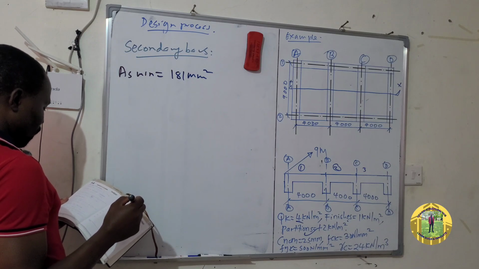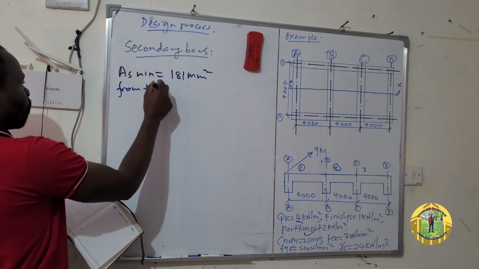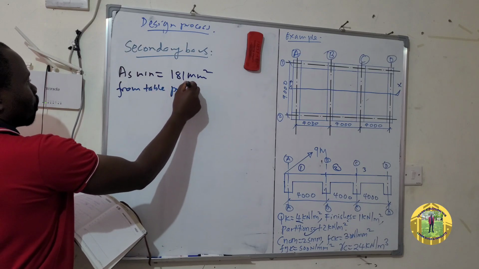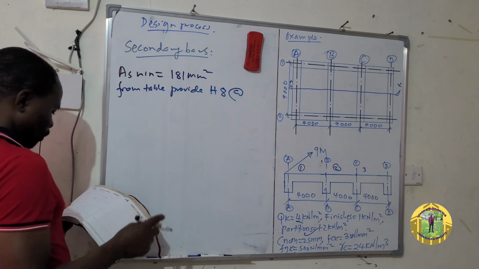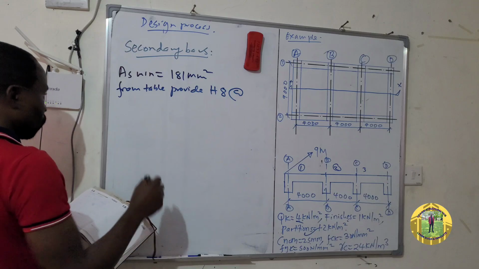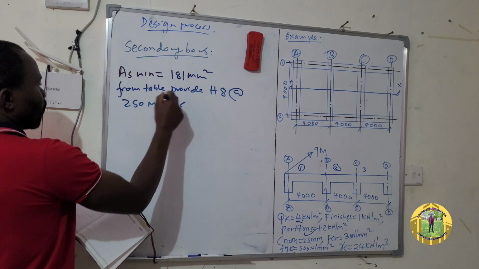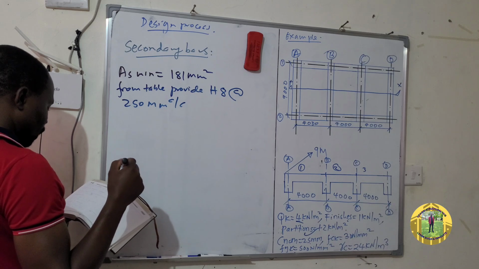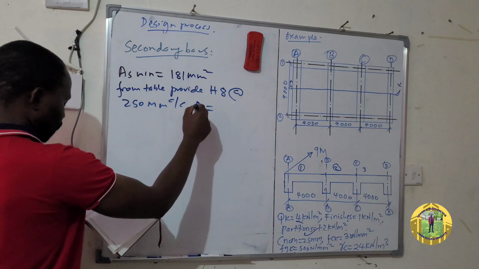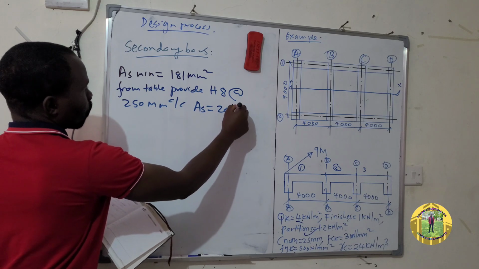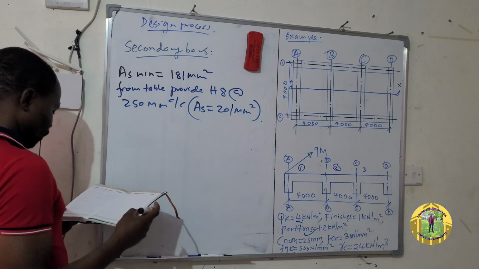So you will say that from table, provide H8 at 250 millimeter center to center. Area of steel is equal to 201 millimeter square.